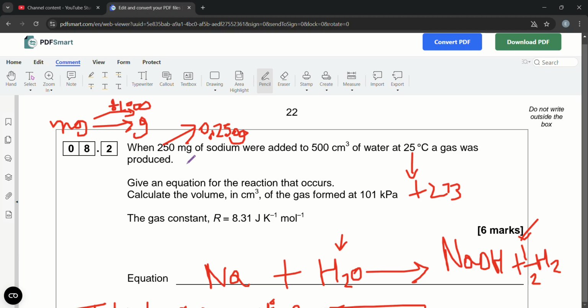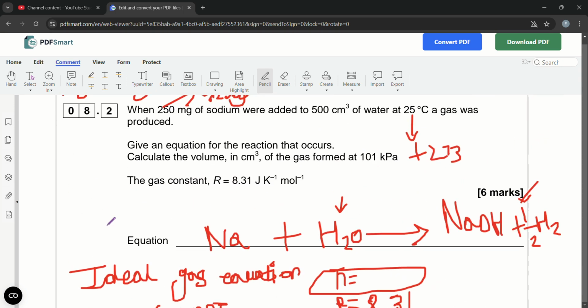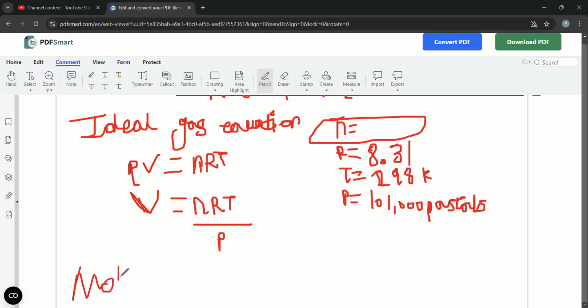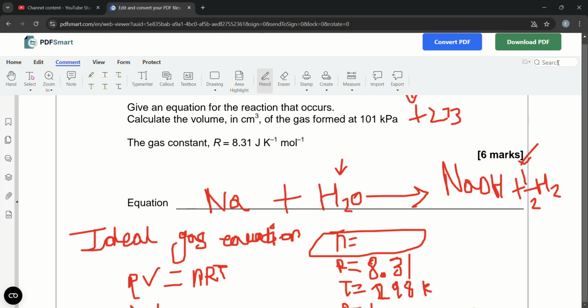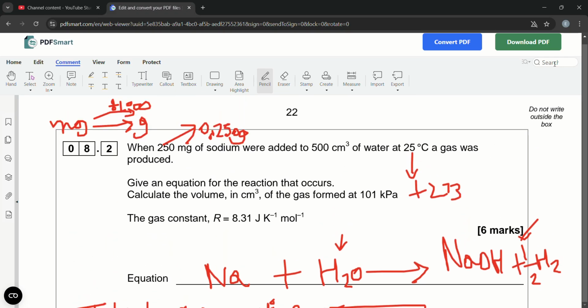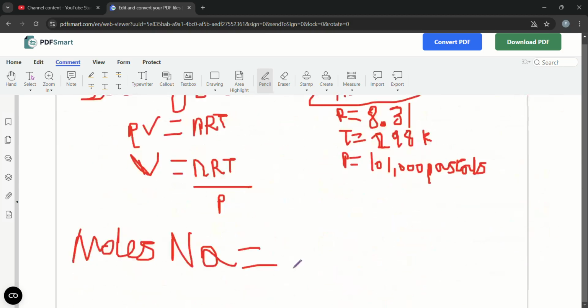So we've got the mass of sodium. We need to find out the moles of sodium. Well, what is the Mr of sodium? It's 23. So moles of sodium is going to be 0.250 over the Mr, 23.